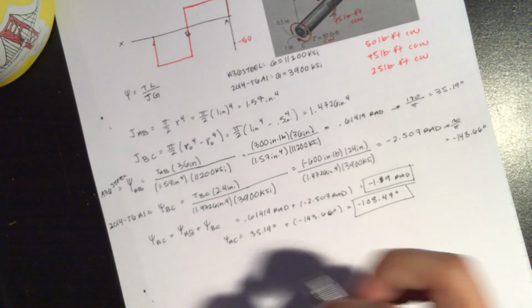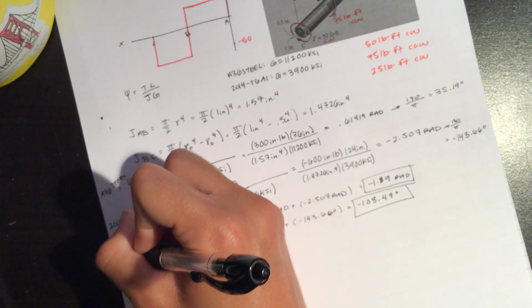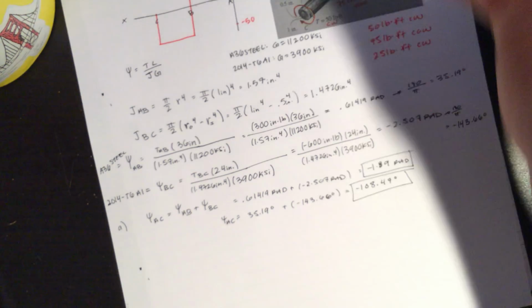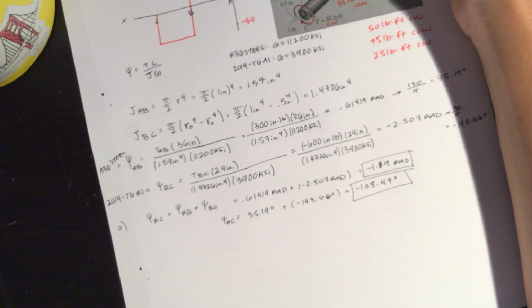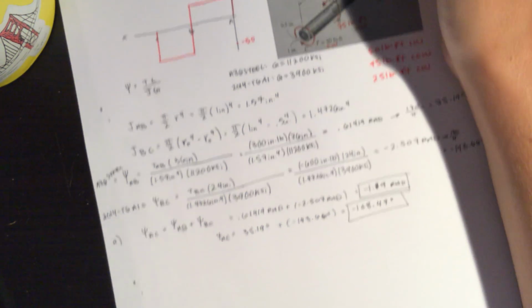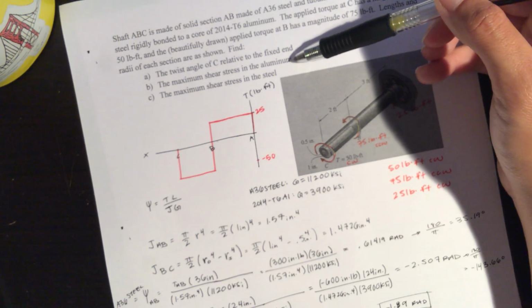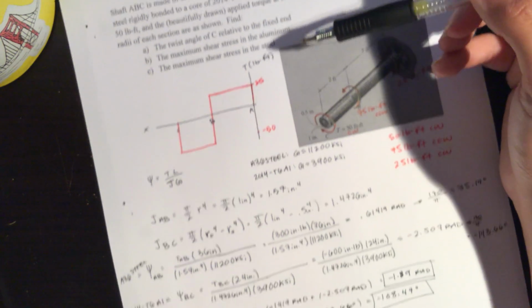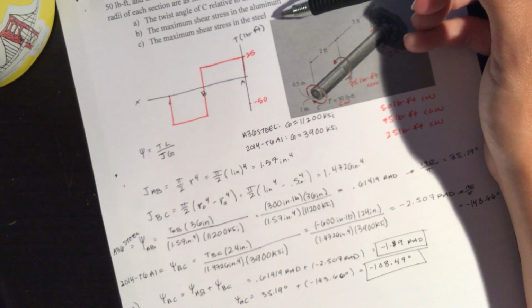And so this is our answer for part A of the problem. And so now that we have our answer for part A, part B asks us to find the maximum shear stress in aluminum, and part C asks us to find the maximum shear stress in the steel.